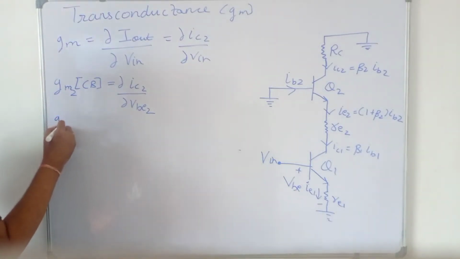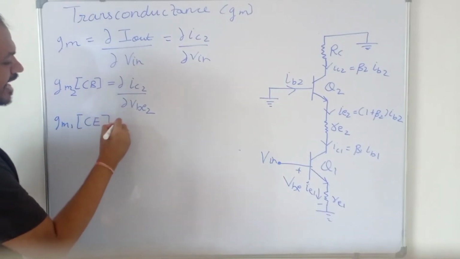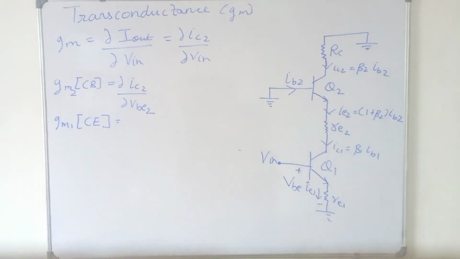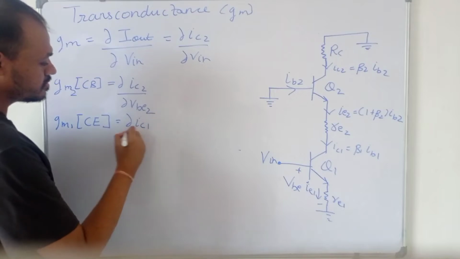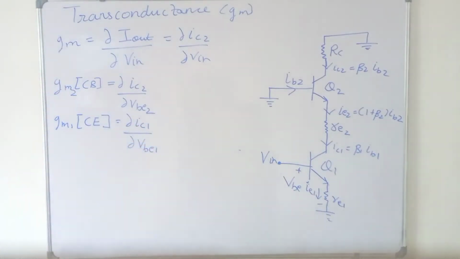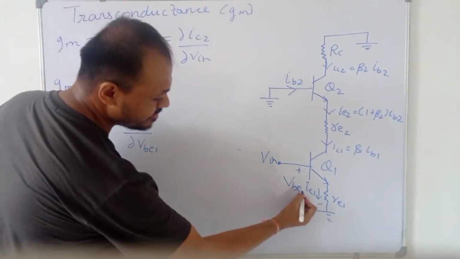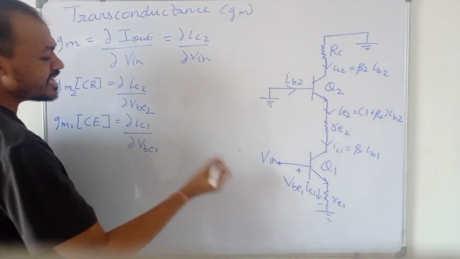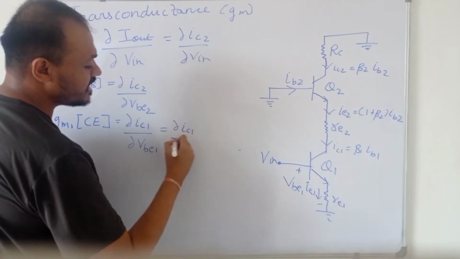Similarly, GM1 for the common emitter stage will be equal to delta IC1 upon delta VBE1. So VBE1 is nothing but V input. VBE1 is equal to VIN. So we can substitute it here.